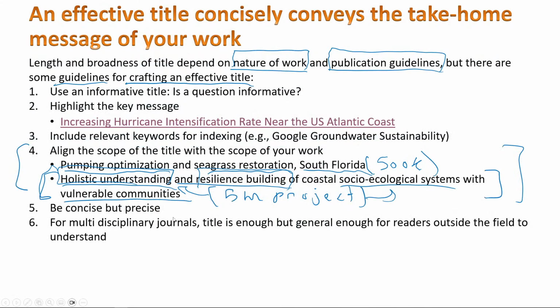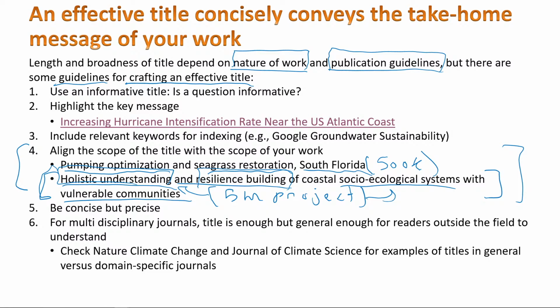So for a multidisciplinary journal, the title should be general enough for readers outside your field, outside the field of water or hurricanes or whatever, to understand it. That's for multidisciplinary journals.